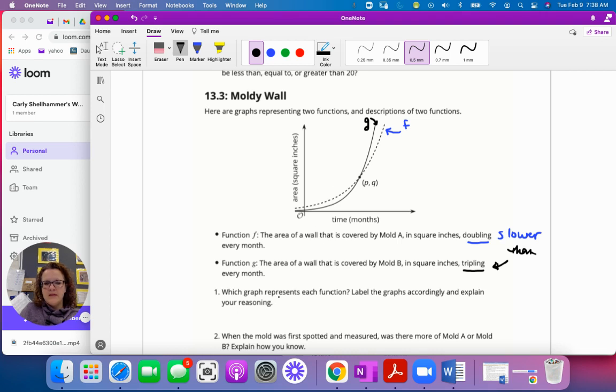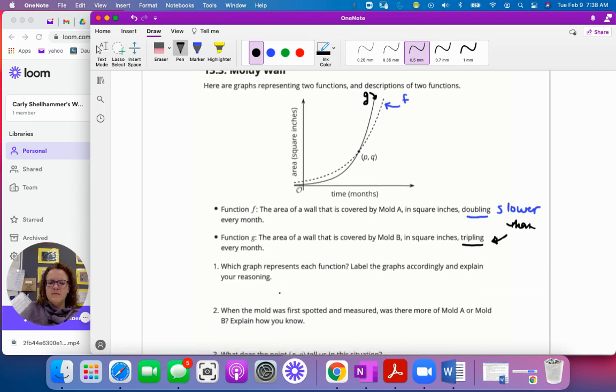Then which graph represents more of mold A or mold B when the mold was first spotted and measured? So when it was first discovered, that's at time equals 0.